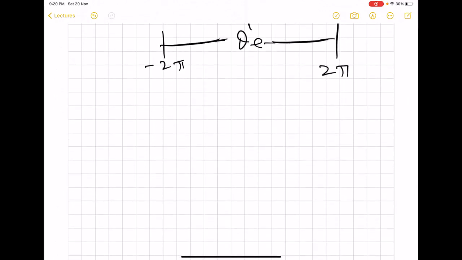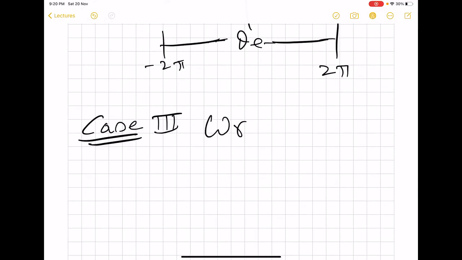As the name of this detector suggests, it has the ability to sense the frequency gap between the two signals also. So we might have a scenario where the frequency gap between two signals is very large. Say, for example, we can have a scenario when omega r is large compared with omega d.